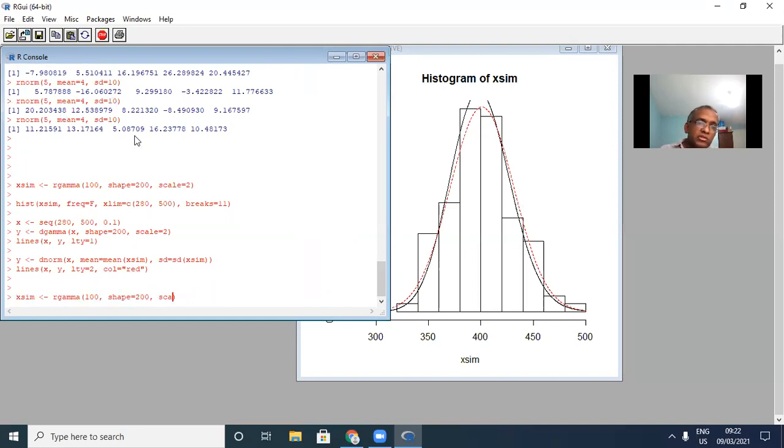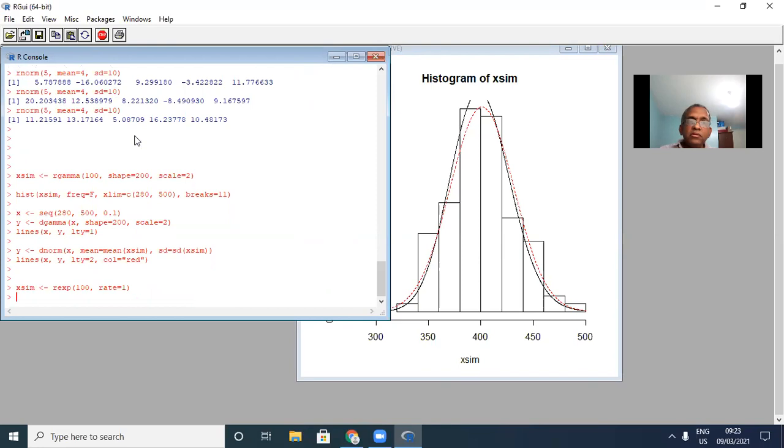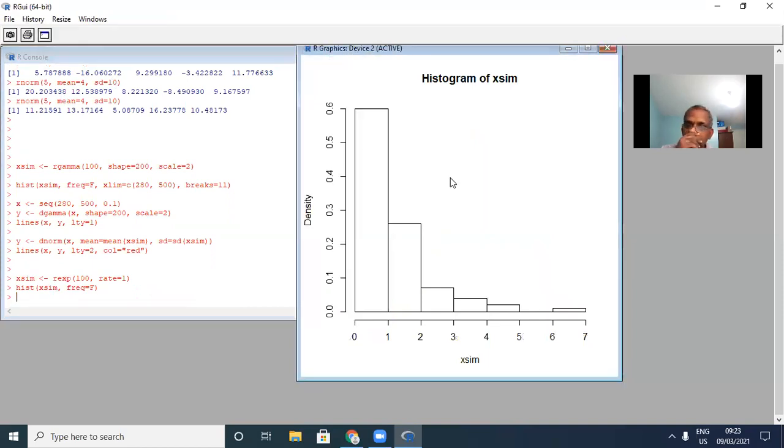Let me simulate a sample of size 100 from an exponential distribution. Then you should do a histogram of this data with frequency equal to F. It will look something like this. As you can see, the x-axis goes from 0 to 7, and the y-axis is in the density scale.